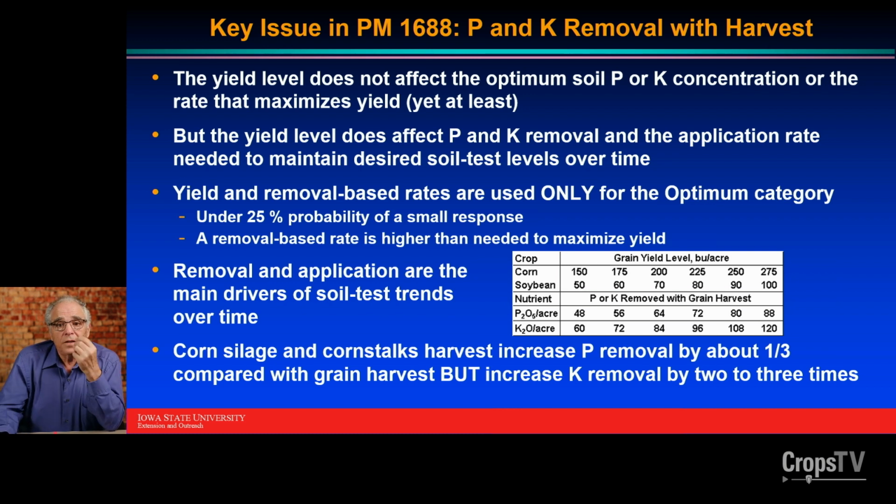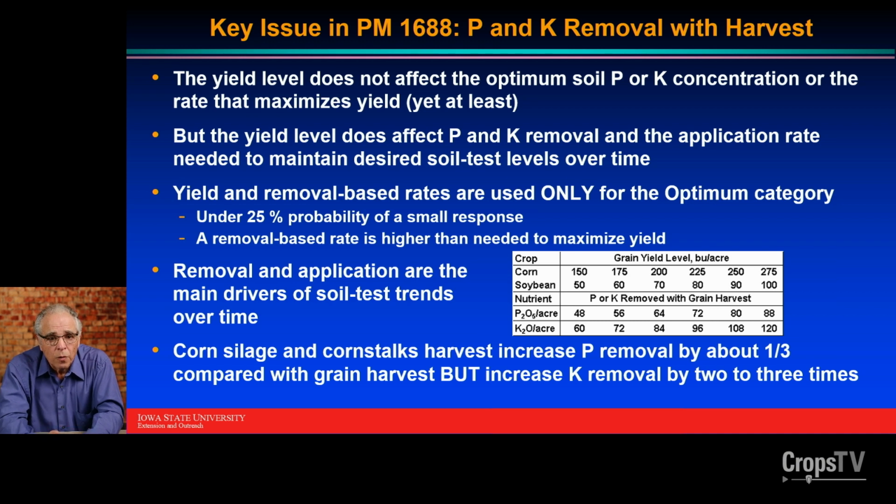Okay, so the other good thing that I mentioned in the first slide for P and K is that the yield level, up to now at least, does not affect the optimum soil P or K concentration, or the rate that maximizes yield, okay? But the yield level does affect the removal, okay? And the application rate needed to maintain the soil test values.